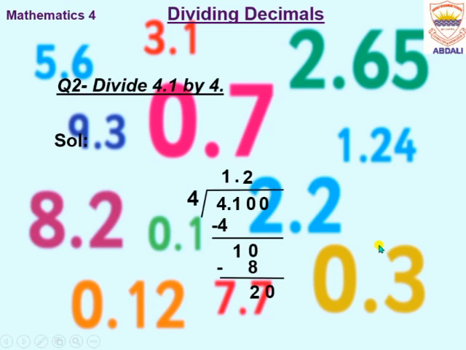Now read the table of 4 and tell me where you got the number 20. 4 5s are 20, and 20 minus 20 is 0. So this question is complete and you have to keep these points in your mind: the points related to 0 and the point related to remainder.